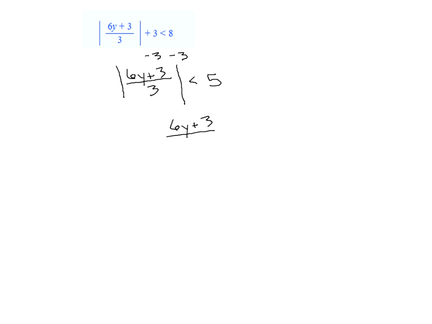So that means you can write it as a 3-part inequality. So you basically rewrite it without the bars, and then on the left use the same symbol, but change the sign of the value to the right. At this point, you need to clear the fractions to be able to get to y.